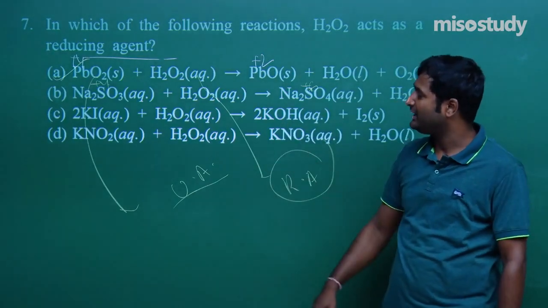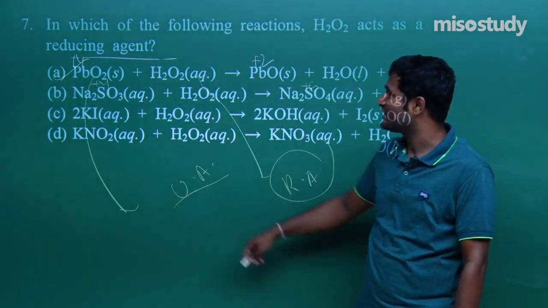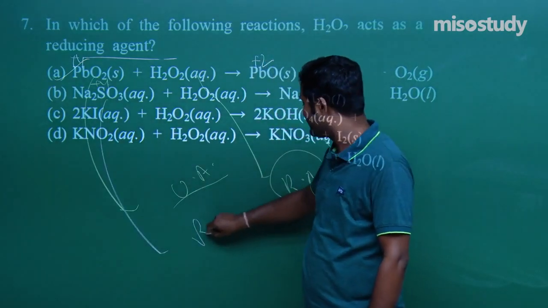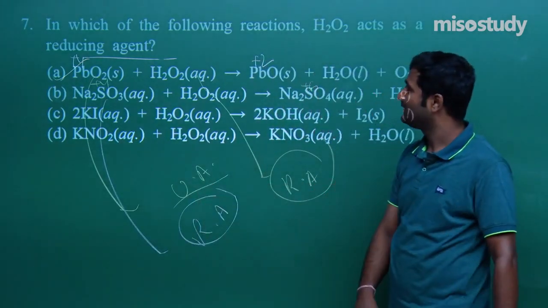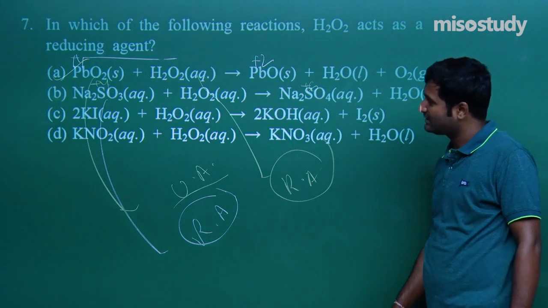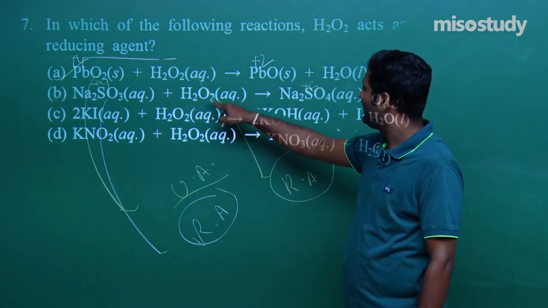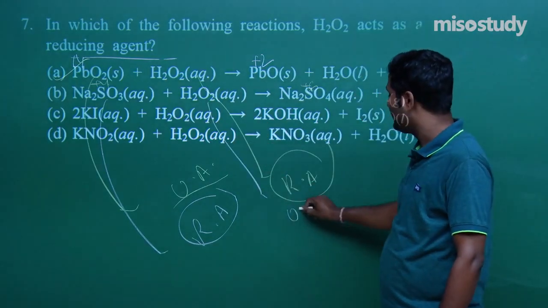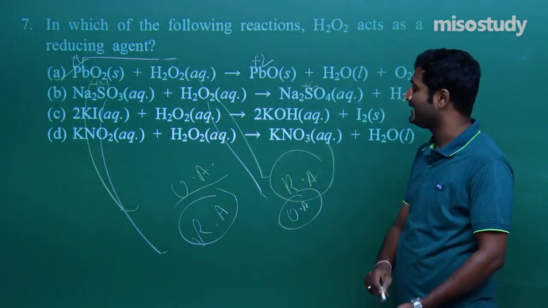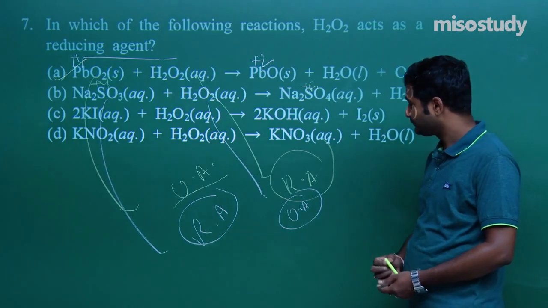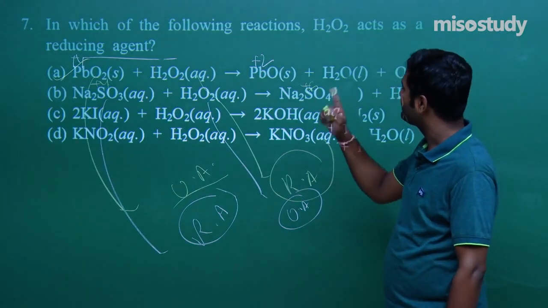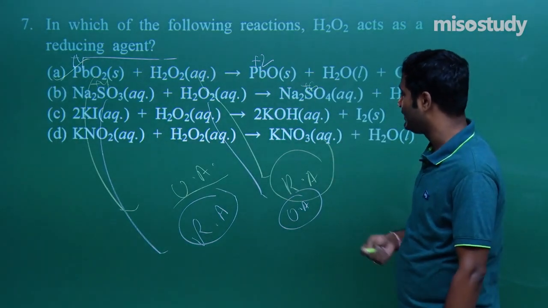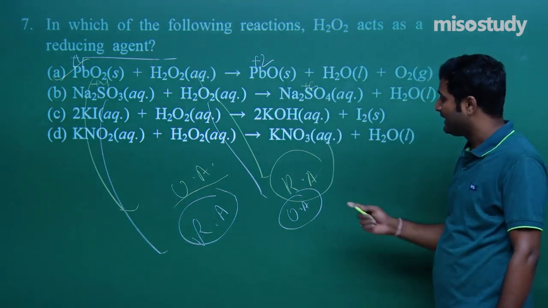Check it out: +4 to +6. If there is an increment in oxidation state, then it will behave as a reducing agent. Am I right or wrong? Yes sir, you are right. So here, if it behaves as a reducing agent, then the other behaves as an oxidizing agent. One more thing: +4 to +2 is a decrement, so that is an oxidizing agent, and this one is reducing.